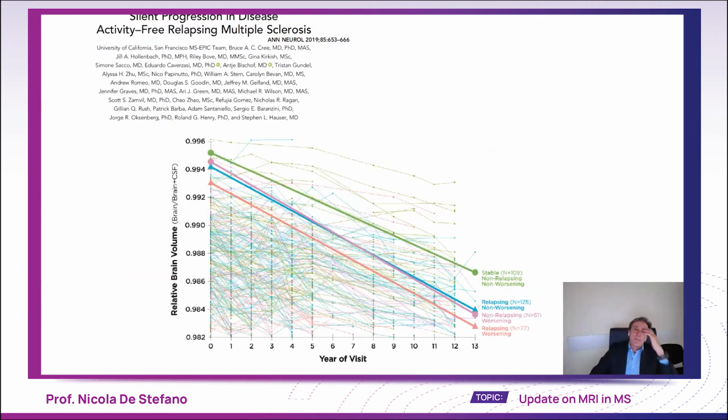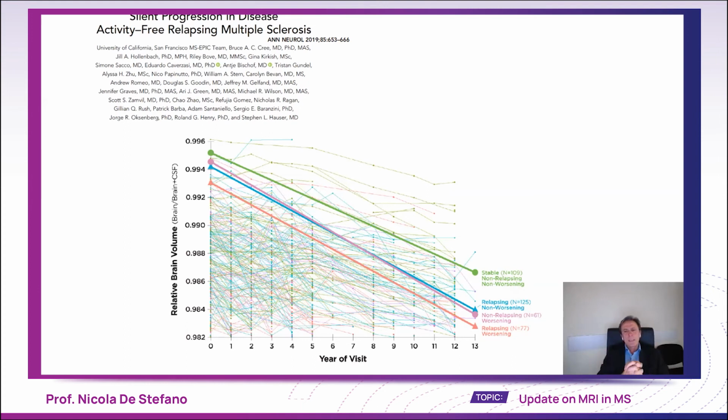This is actually quite important, as we can see in this clinical study. This is a study on a follow-up on the clinical ground from the patients followed in San Francisco by Stephen Hauser and all his colleagues.